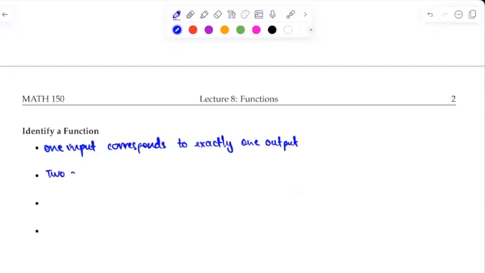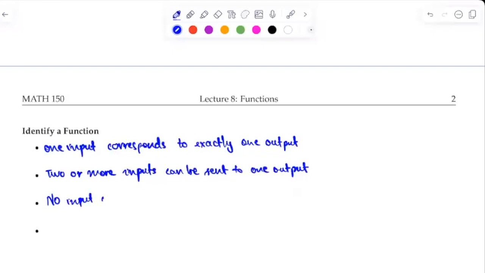So 2 or more inputs can be sent to one output. The third property is no input can be sent to 2 or more outputs.